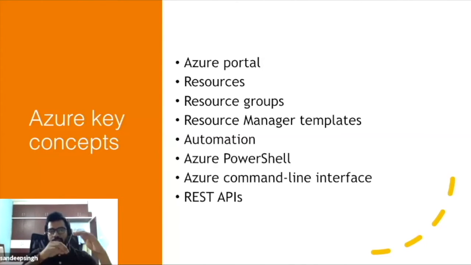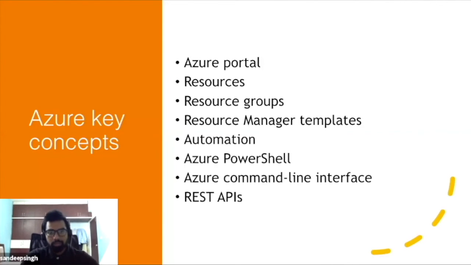It means we can write some lines of code and use them to create resources. Let's say I want to create a VM or a load balancer, I can create those resources by writing some code. That is the Azure Resource Manager template, and that's infrastructure as code.